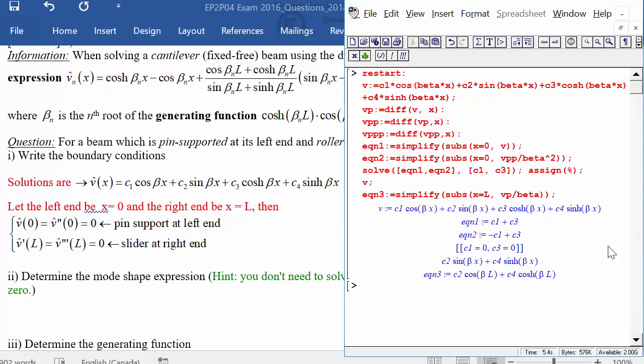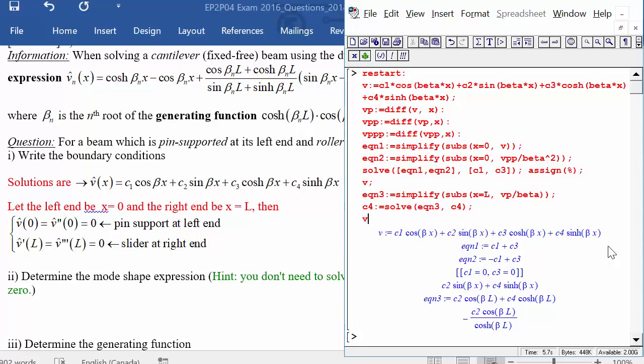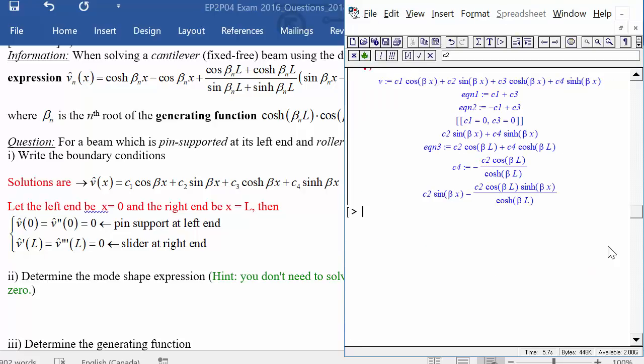So rather than that, what we're going to do is solve equation 3 specifically for c4. Now we're dividing by cos hyperbolic, which, unlike cosine, is never equal to 0 for any argument. So let's say that c4 is equal to this, and then we can recap what v is.